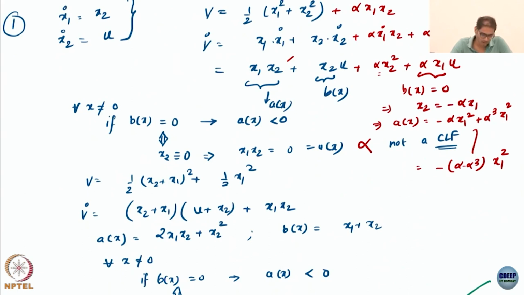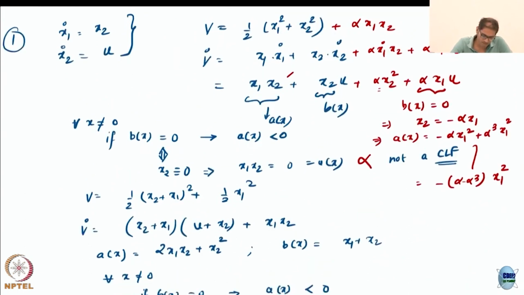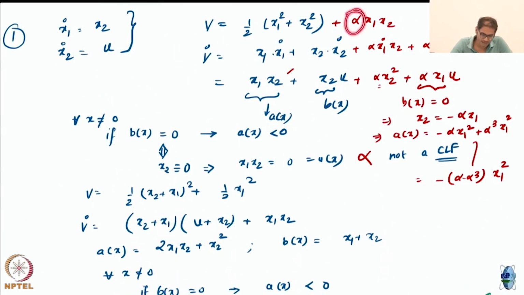And I believe if alpha is less than half, this will remain positive definite, whatever.